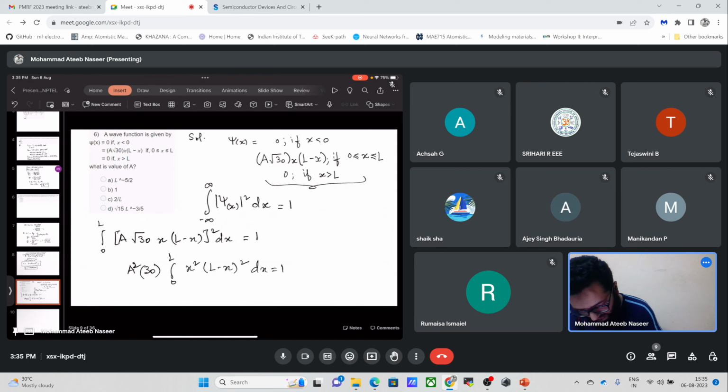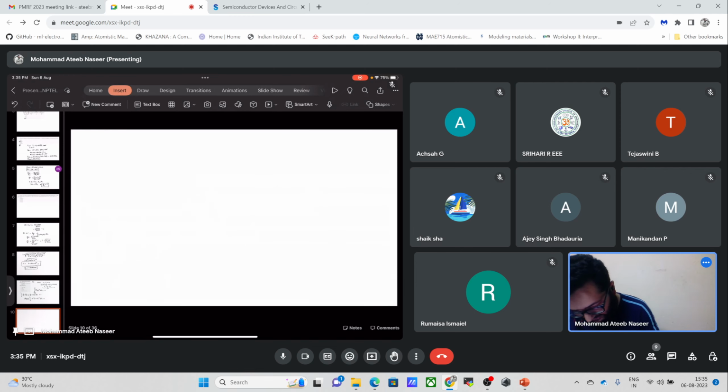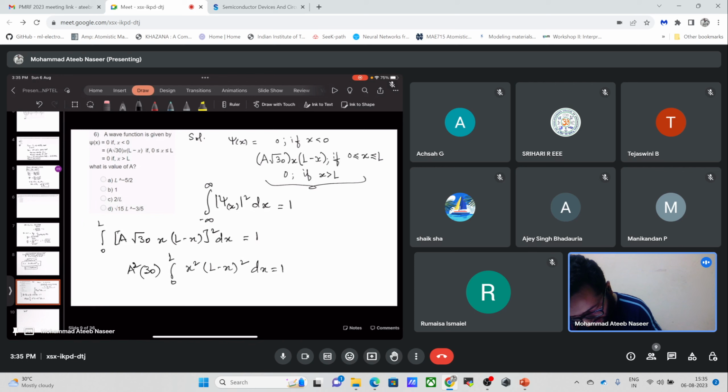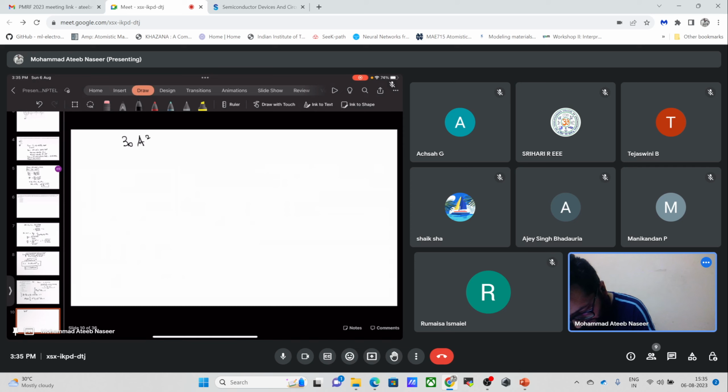So it would simply be 30 a squared. Since this is x squared times (L minus x) squared dx, if I integrate this function, it would simply be, between the limits, minus x squared (L minus x) cubed by 3, 0 to L, plus the derivative of x squared, which is 2x, integral from 0 to L of 2x (L minus x) cubed dx equal to 1.